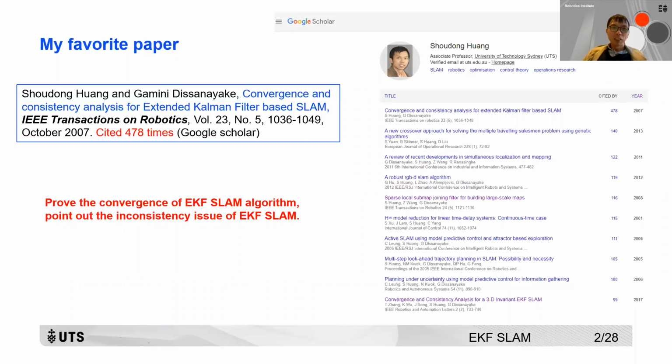If you look at my Google Scholar, this paper was cited by 478 papers, and the citation count is much more than the other papers. So this paper proves the convergence of EKF SLAM algorithm and points out the inconsistency issue of EKF SLAM.